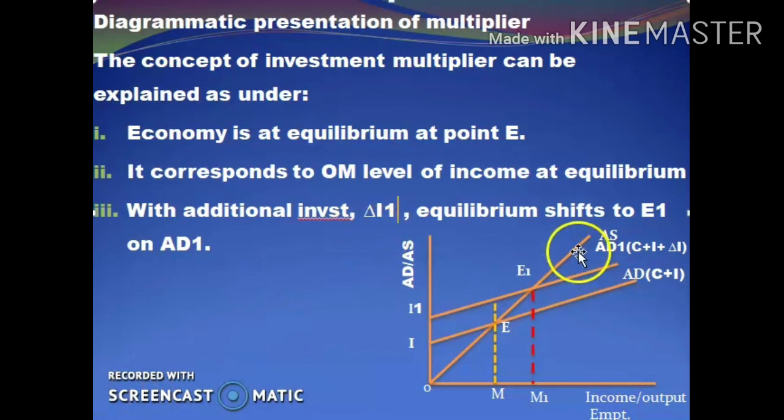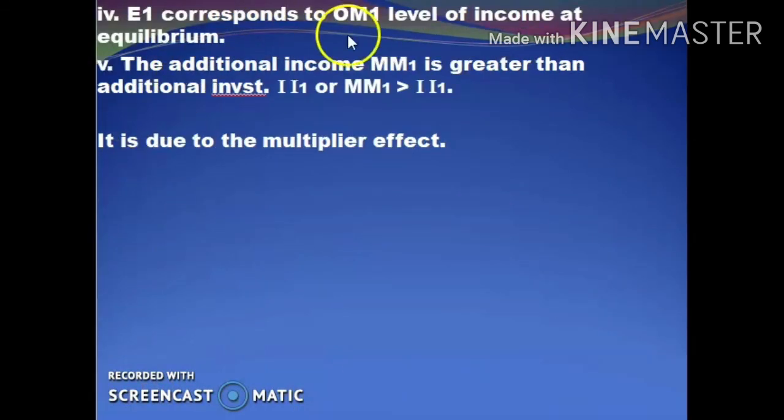You can just see the curve and understand. E1 corresponds to OM1 level of income at equilibrium, and the additional income M2 M1 is greater than the additional investment I2 I1. It is due to the multiplier effect.